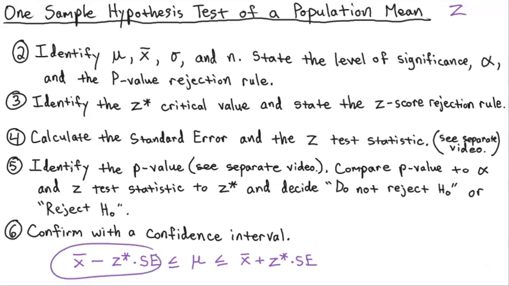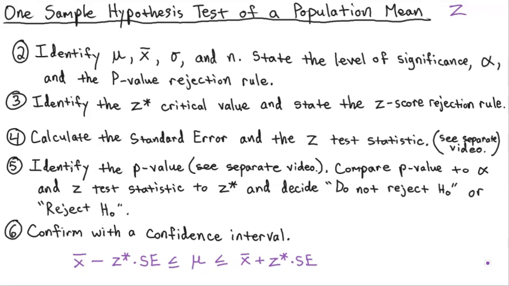Okay, so we're going to have a number here, then a number here, and you're going to have less than or equal to mu, less than or equal to, okay? And here's what you're looking for. You want to see if mu from step 2, because in step 2, remember, mu is equal to something like 30 or 8 or 0 or 100.